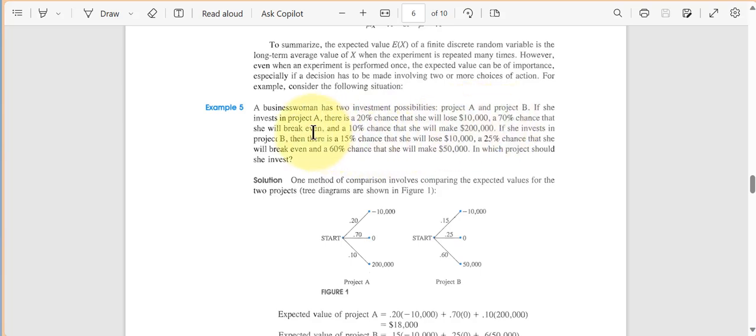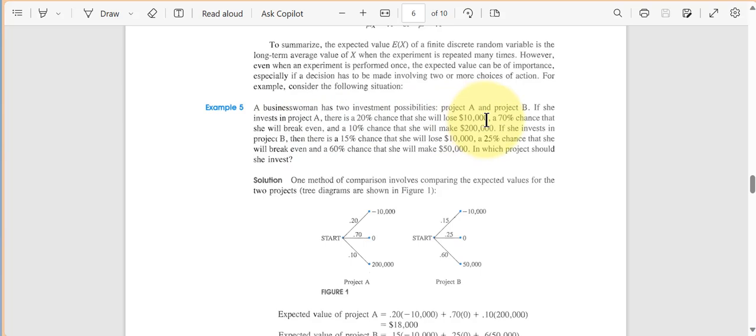That means she won't lose anything, she won't gain anything, and a 10% chance that she will make $200,000. So let's say these are kind of her profit. We'll ignore how much she's investing. This is just how much profit she makes. So 200,000, or break even, 0, or lose $10,000, minus 10,000.